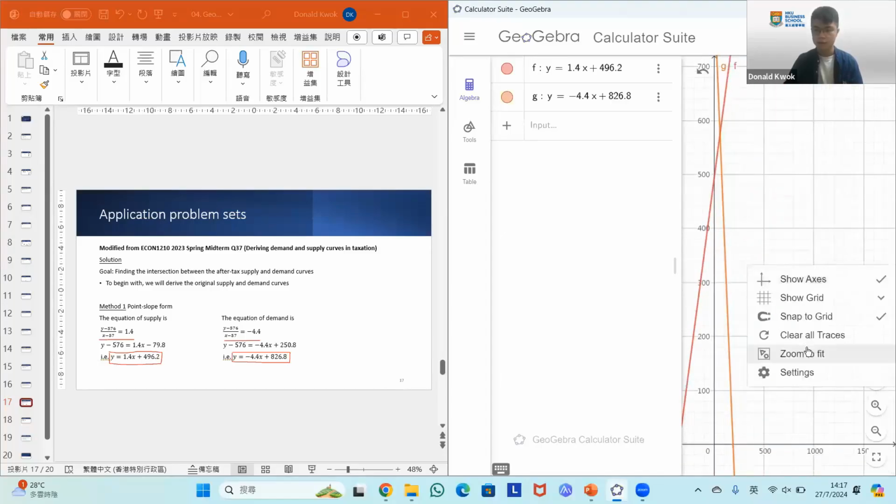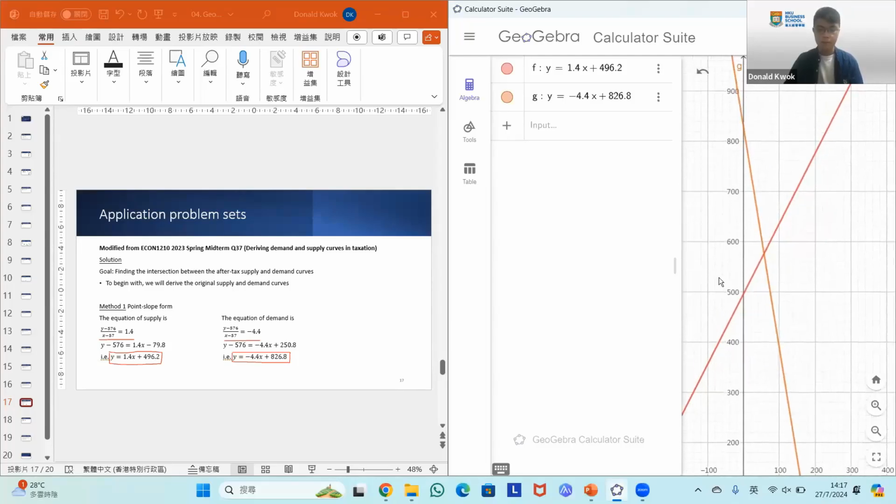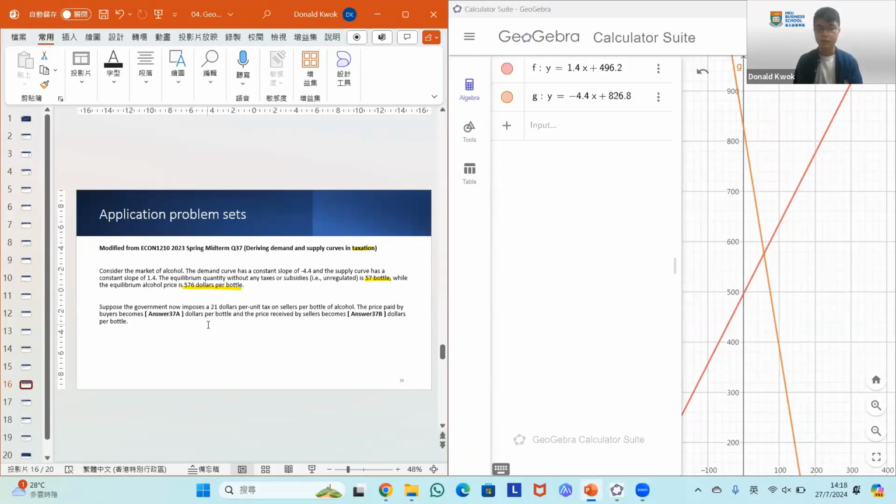All right, so these are the demand and supply functions. What's the next step? Because there is a $21 per unit tax imposed on sellers, from the sellers' perspective, their cost of production actually increased by $21 per bottle of alcohol.